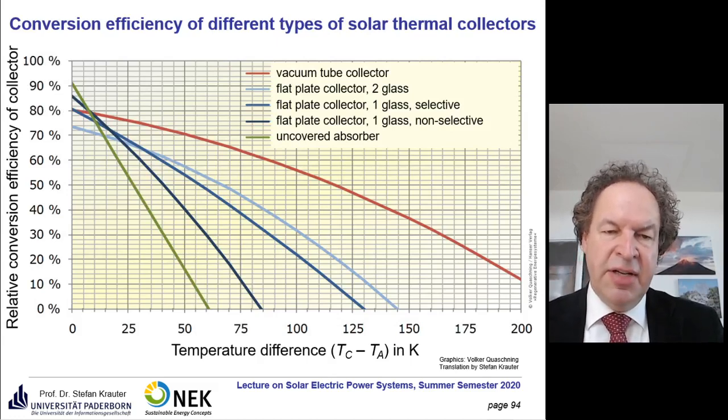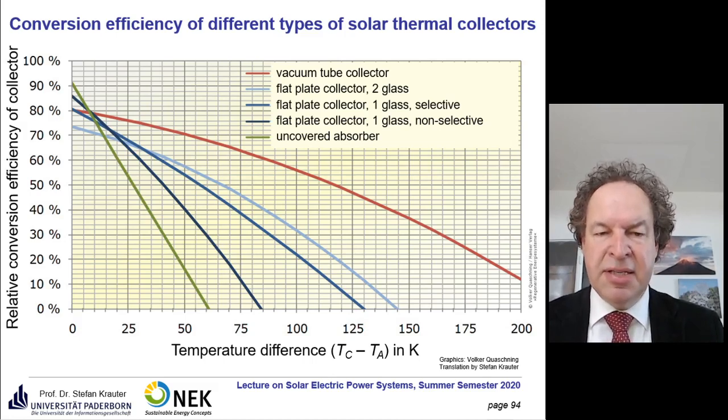Here we have the different types of solar collectors, and here you see the vacuum collector. Sure, it stays at high temperature for a long time, it has optical losses, and the construction is also more expensive. What we compare here is the middle blue and the dark blue line.